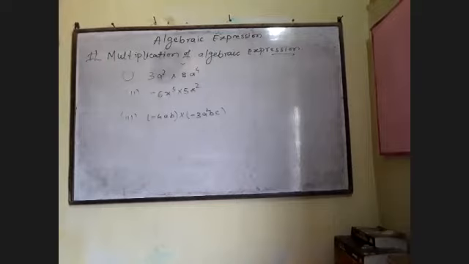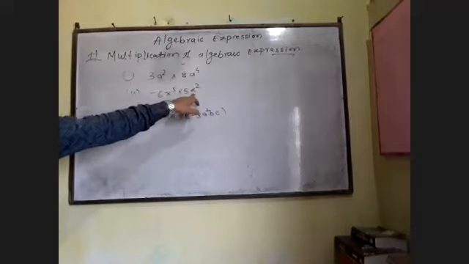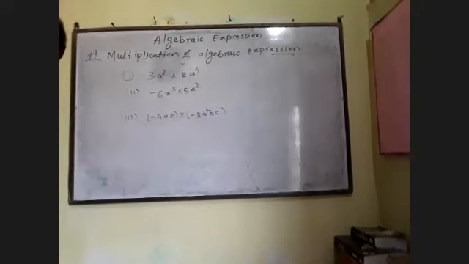Sir, in the second question there is written minus 6x to the power 5 and 5x to the power 2. Sir, it is not clearly visible.